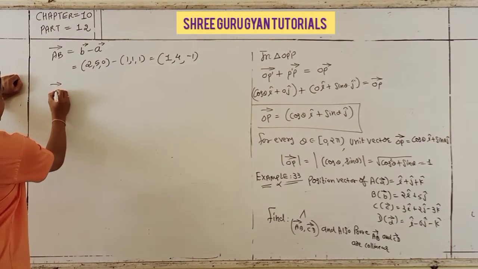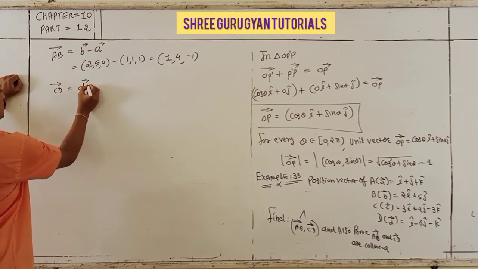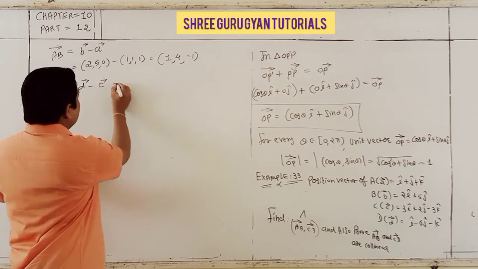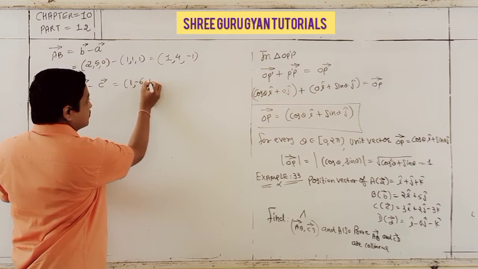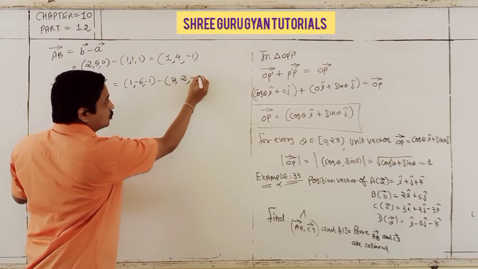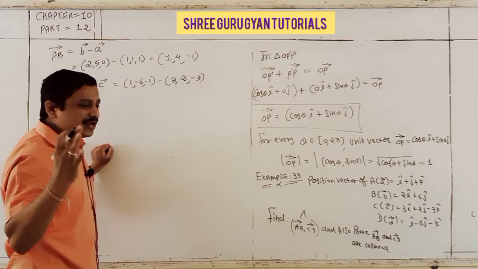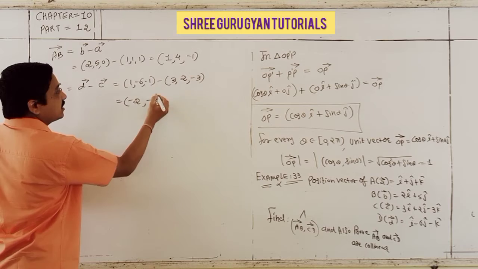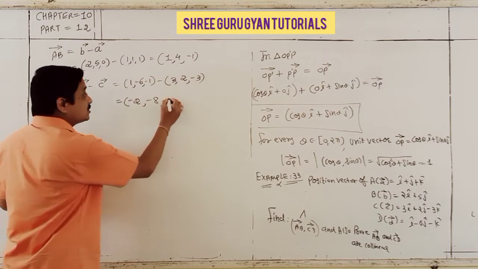Second, the CD direction. It is D position minus C position. D is (1, minus 6, minus 1) and C is (3, 2, minus 3). Simplifying, it is minus 2, minus 8, and minus 1 plus 3, which is 2.